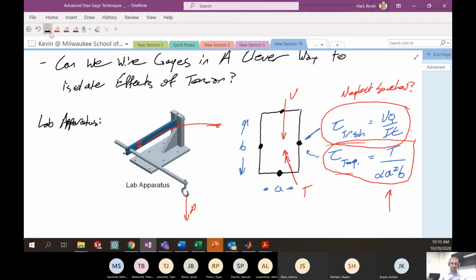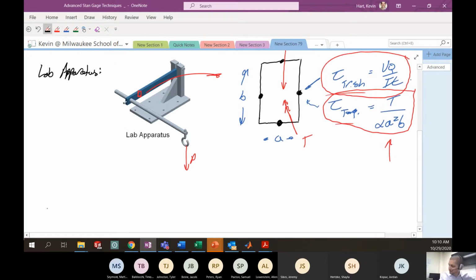And the answer is yes. And we're going to show you how to do that with appropriate wiring of strain gauges, but we have to go through a little bit of theory to get there. All right. So the answer is yes.